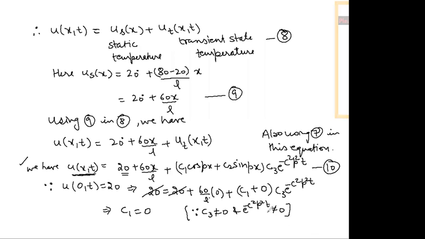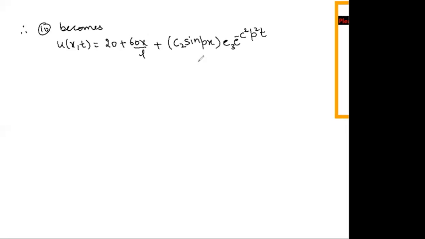You can go to the previous slide and check this. In equation number 10, this is 20 plus 60 x by L, C1 is 0, only this term is cancelled, leaving C2 sin px, C3 e to the power minus c square p square t. Now mark this as equation number 11.